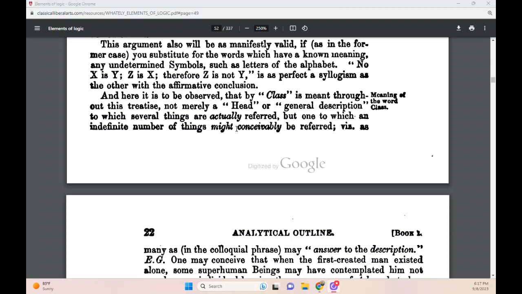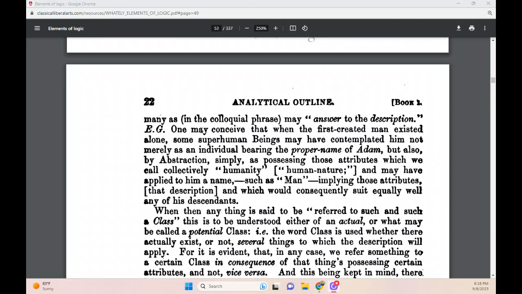So think of a class as a group of things. I told you to think of it as a container containing a number of things that match the title of that class. Namely, he says, as many as may answer to the description.